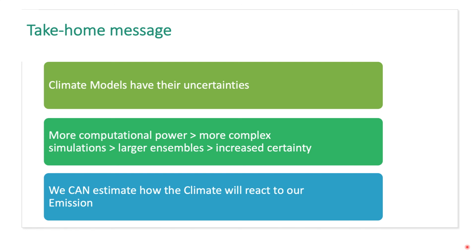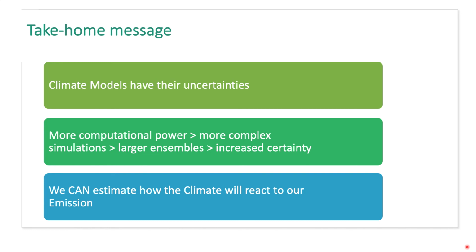So in summary, climate models have their uncertainties, which means principally they are all wrong, but they can give a kind of picture or feeling of what's going to happen in the future. We cannot predict the future 100 years in advance, but we can project it. We can see, based on different pathways that we choose, how the climate is going to react to these pathways.